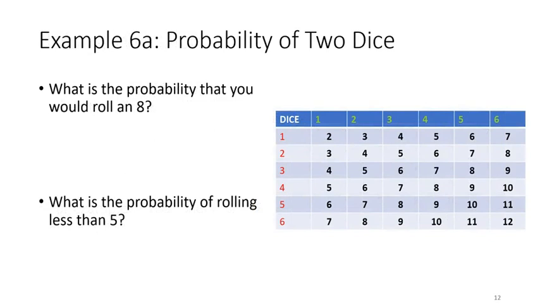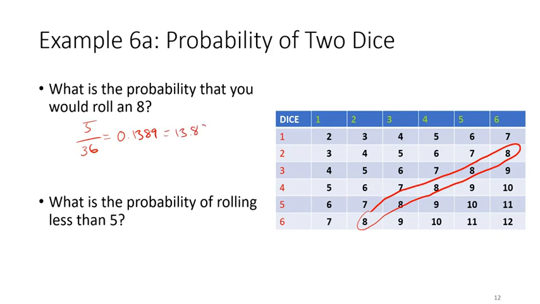So what's the probability that you would roll an 8? Well, there are 1, 2, 3, 4, 5 ways to roll an 8. 5 over 36, 0.1389 or 13.89%. The probability of rolling a number less than 5. Well, only 2, 3, and 4 are less than 5.